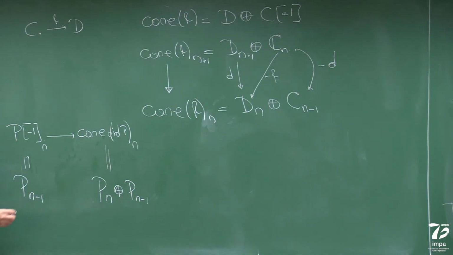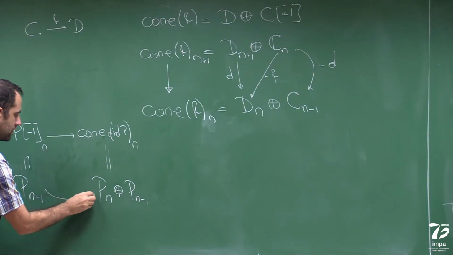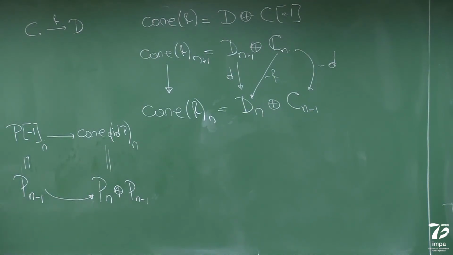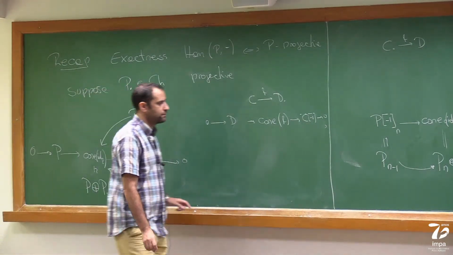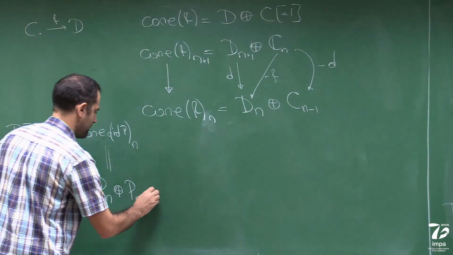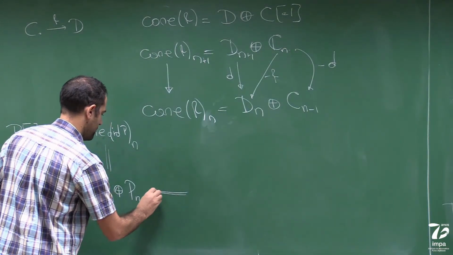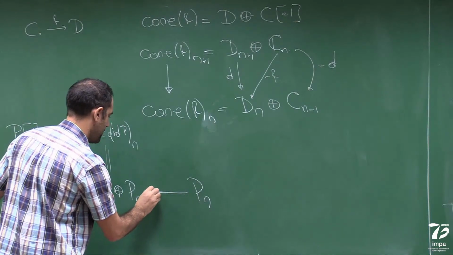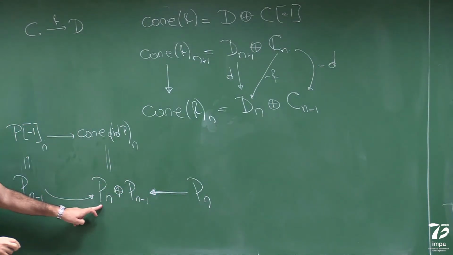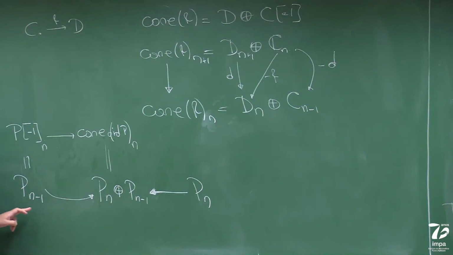So what I have is a map from here to here, which also lifts the natural map from Pn to the cone of the identity. So I have a map from Pn to here, which is just the inclusion, the identity isomorphism here. And this is the inclusion here.